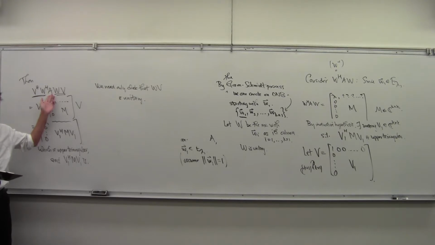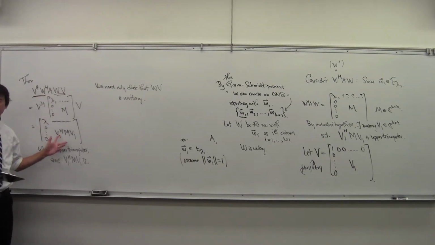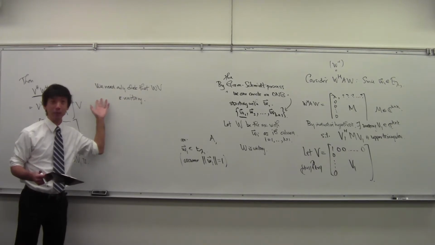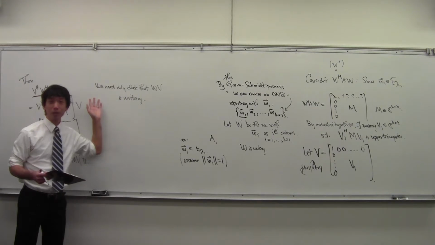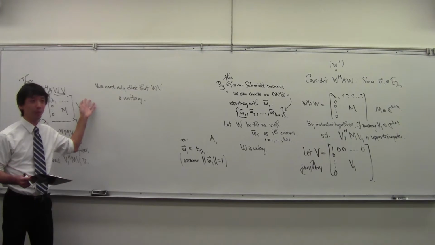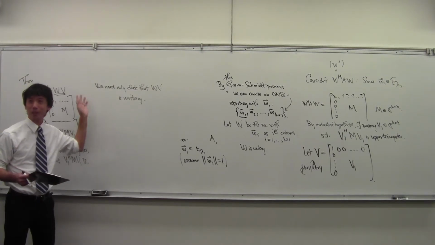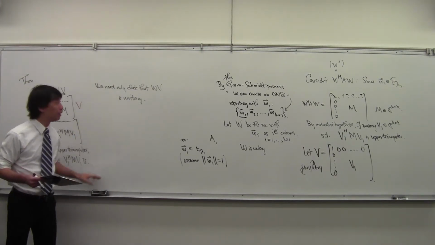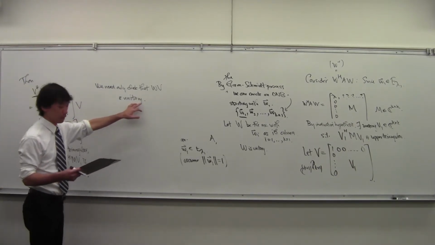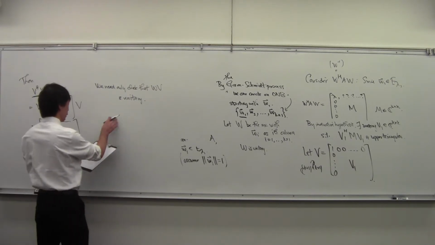What we've done is found a matrix that we can conjugate A by and get it to be upper triangular. So as long as this guy is unitary, then we've shown that A is unitarily triangularizable. Any questions? I'm not sure if people are following. Okay. So let's check that this thing is unitary, right?